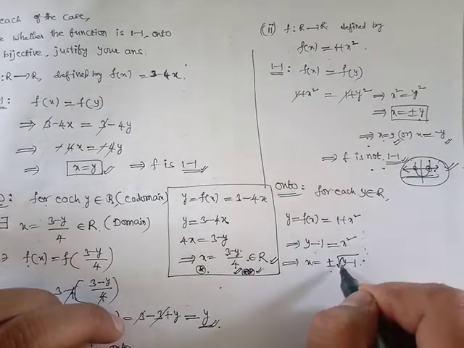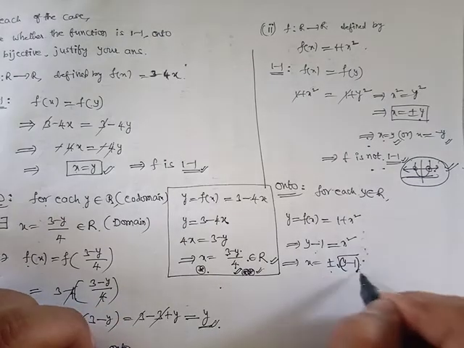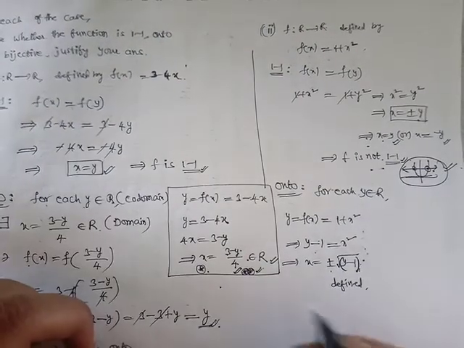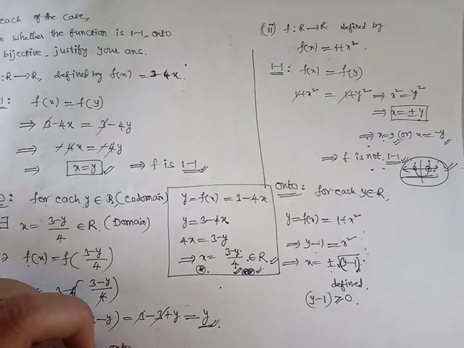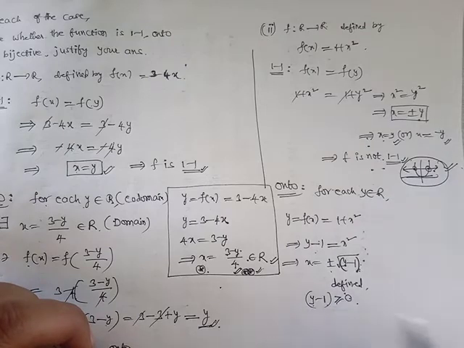Now, inside the square root y - 1 is there. It will be defined only when it is greater than or equal to 0. So y - 1 ≥ 0, which implies y ≥ 1.